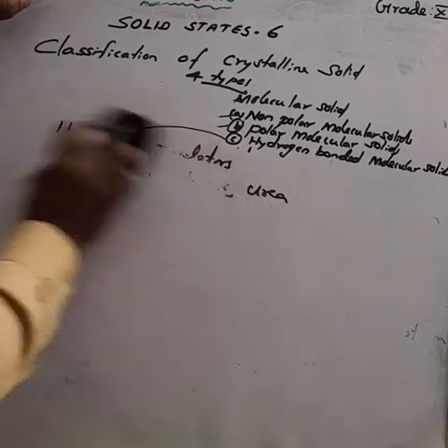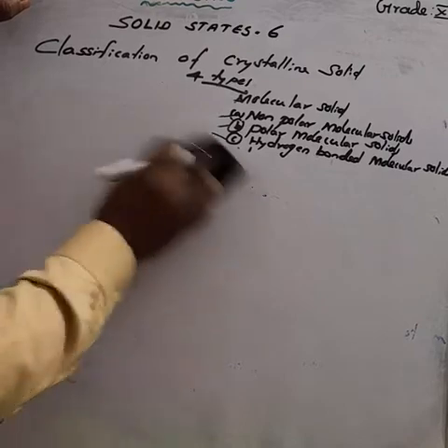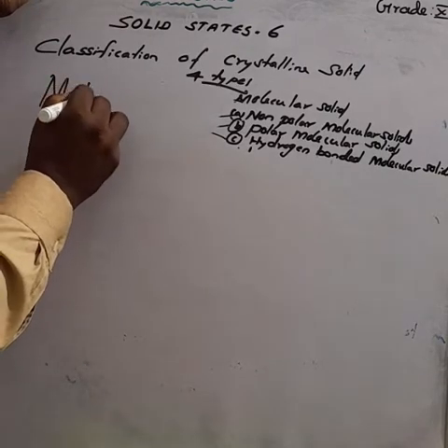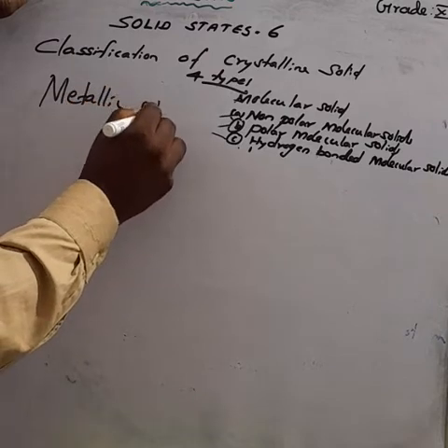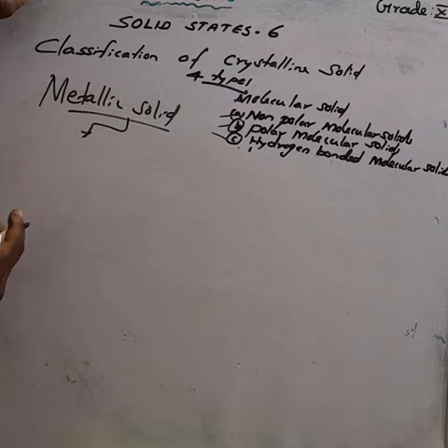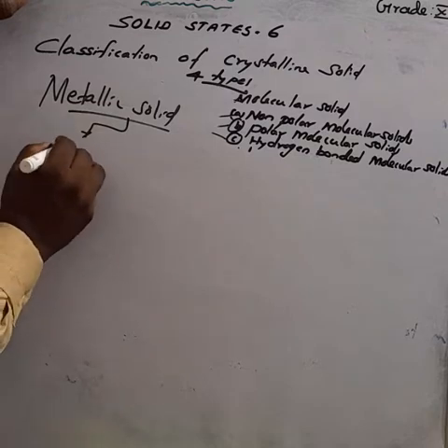Next, one important question, metallic solid. In a metallic solid, the lattice points are occupied by positive metal ions.